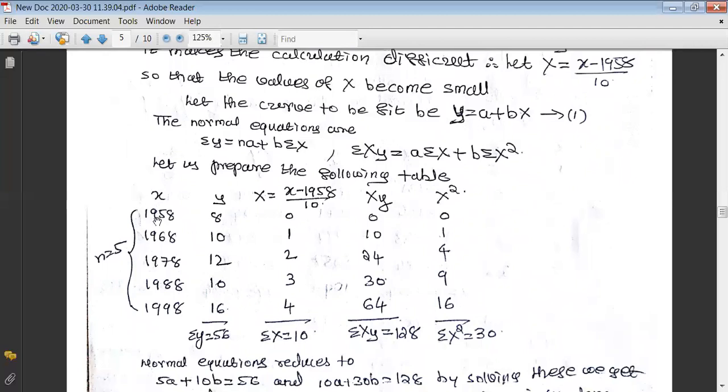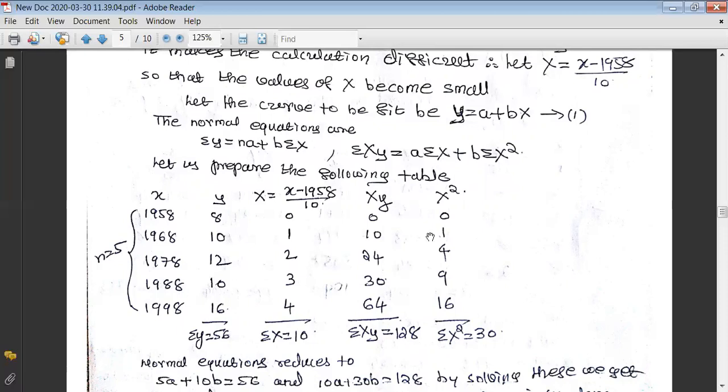And they are given in this case small x values, they are given small y values. And we have converted small x to capital X by defining capital X as small x minus 1958 divided by 10. And once you go and take the values for x in this range, we find capital X values are 0, 1, 2, 3, 4.